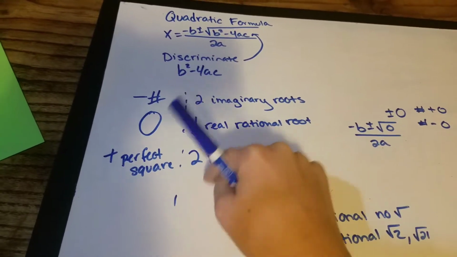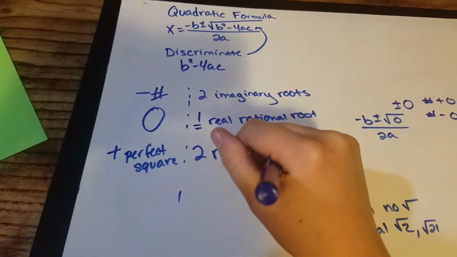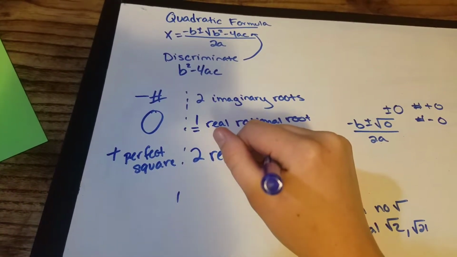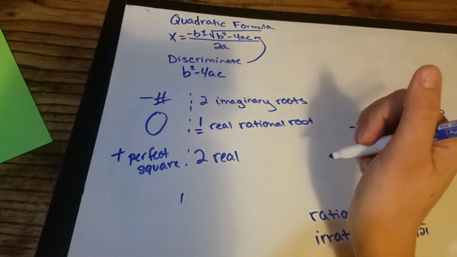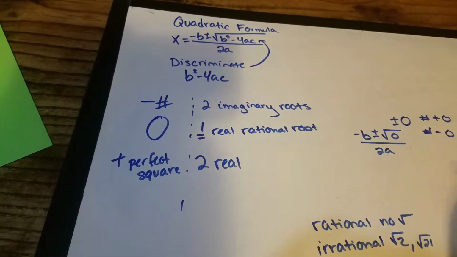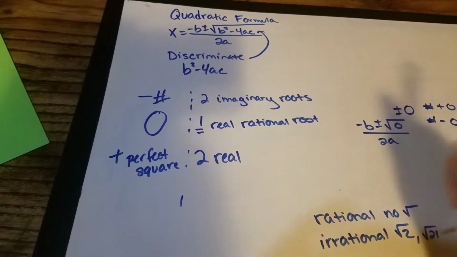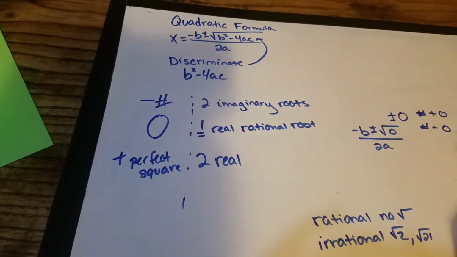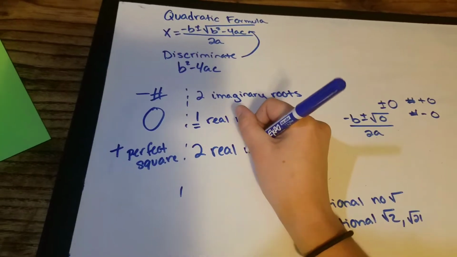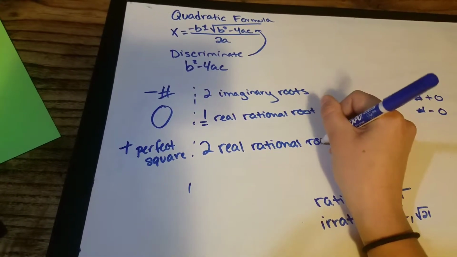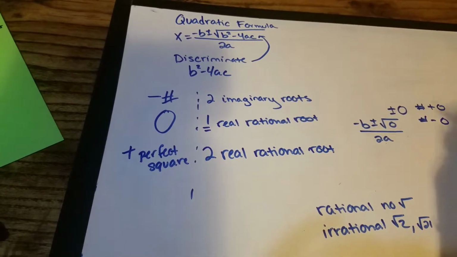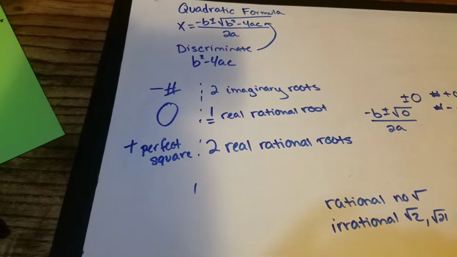So 4, 9, 64, 169, 196, all those fun numbers. The square root will go away because you know the square root is whatever your answer is. So those will be rational, because the square root won't be left in the problem, and there will be 2 roots.